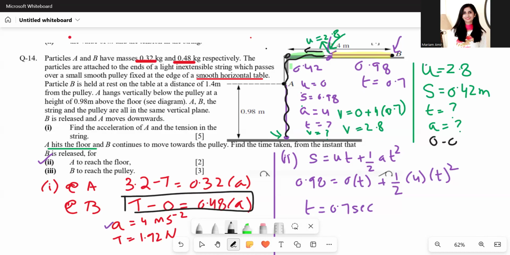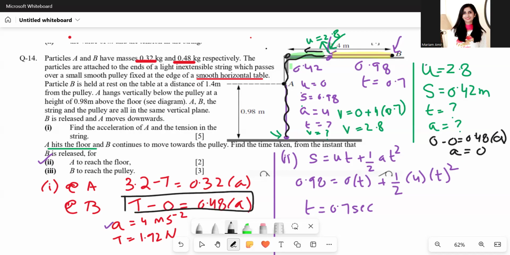Backward force was already zero, equals mass, which is 0.48, times acceleration. This just gives us zero. Acceleration is zero in this part of the journey.